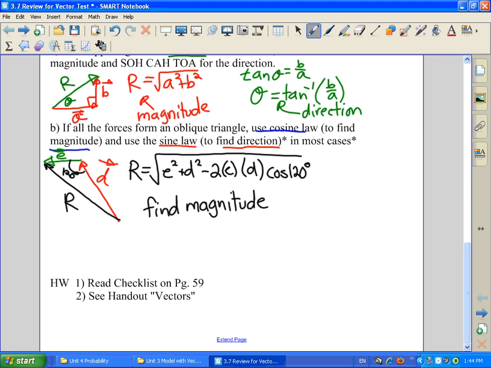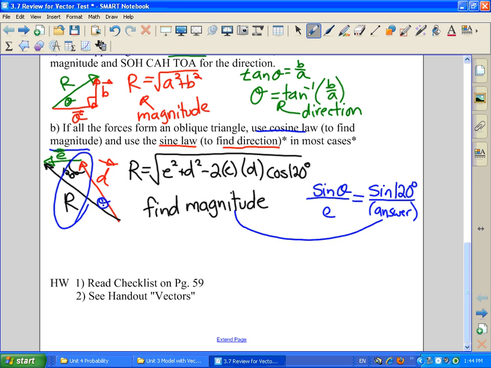Once you found the magnitude, that's going to give you what we call a match. So remember, you will know this as a match, and then you could find the angle or the direction theta, which is right here. To do that, you're going to use sine theta over the measurement of E, divided by our match, which would be sine of 120 degrees in this example, divided by your answer that you got in A. So this magnitude answer goes in here.